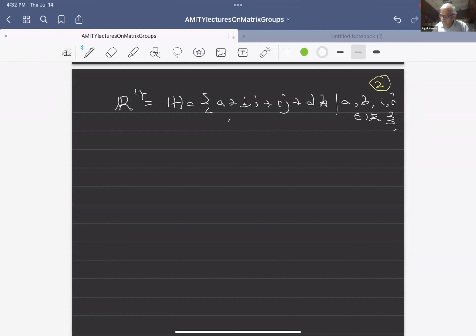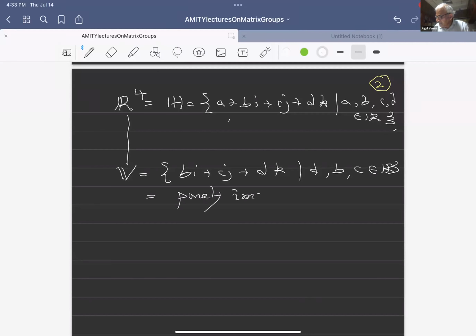Inside R4, I have a subspace, not a subalgebra, of purely imaginary quaternions: bi plus cj plus dk, where b, c, d belong to R. This is the set of purely imaginary quaternions.